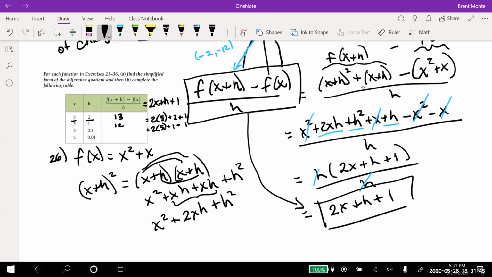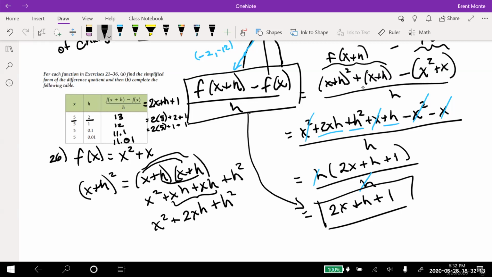So what I'm going to get, 10 plus 0.1 plus 1, I get 11.1. And when I plug in the 0.01, 2 times 5 is 10, plus 0.01 is 10.01, plus 1 is 11.01.